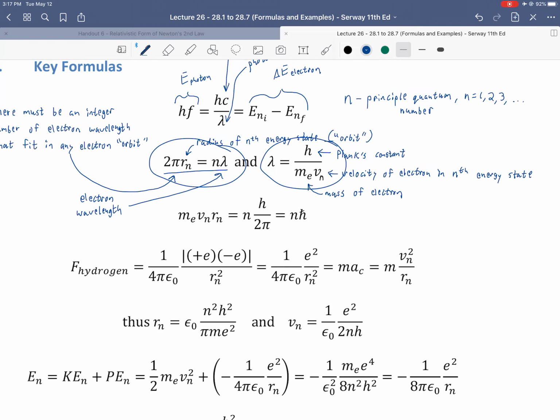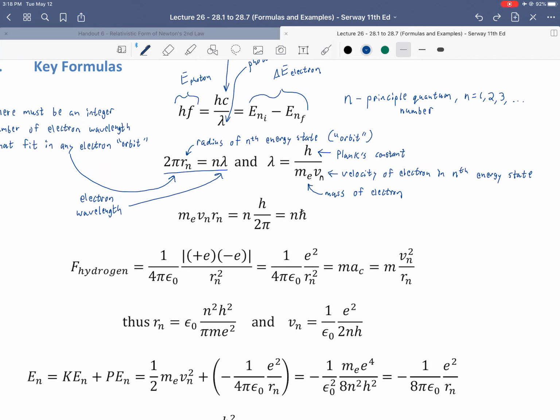And then you can also take Bohr's quantifying of the energy states and saying that there has to be a full wavelength that fits in each circular orbital radius. And when you set the two lambdas equal to each other, so I take here 2 pi divided by n, and then when I set lambda equal to lambda, we just get this expression right here, all right? And we did some cross multiplication, okay?